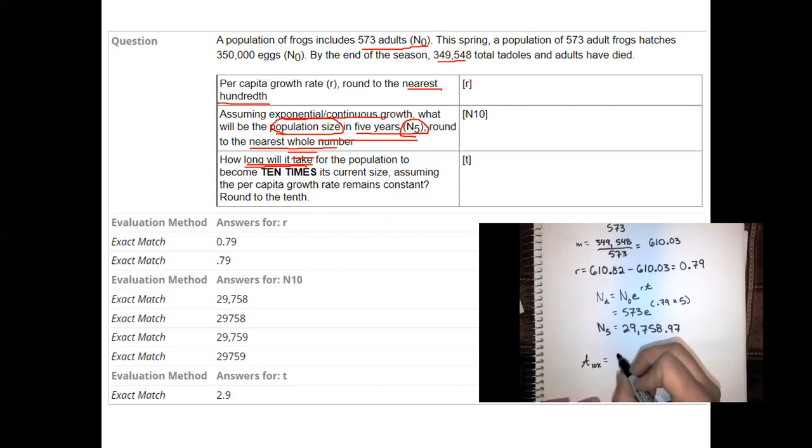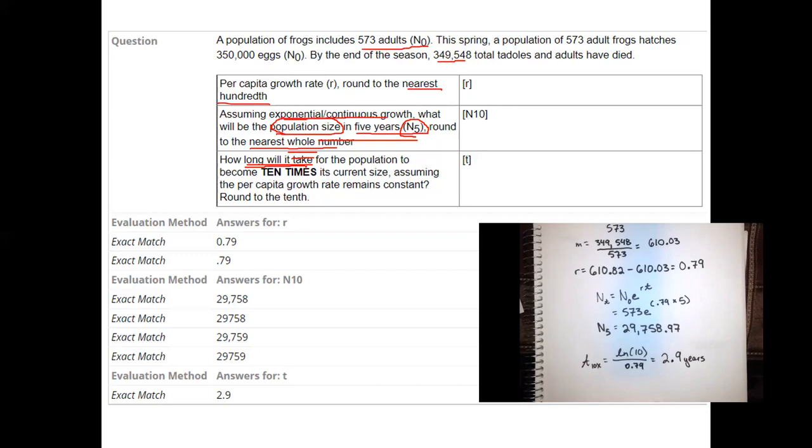So we would use the natural log of 10 over the rate. In this case, the rate is 0.79. And so if you put this into the calculator, ultimately you are going to get 2.9 years.